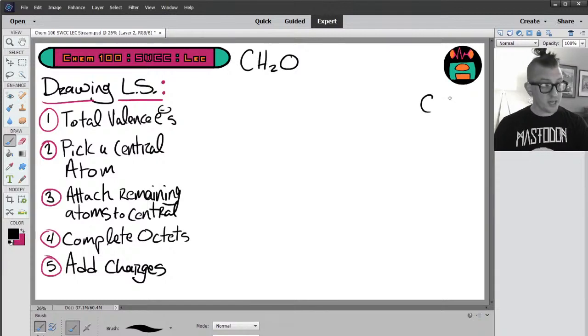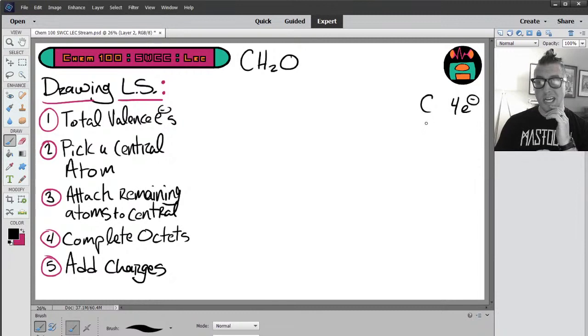Carbon, when you look at the periodic table, it is in the fourth column of the main group. So carbon will have 4 valence electrons. Hydrogen only has 1 valence electron.